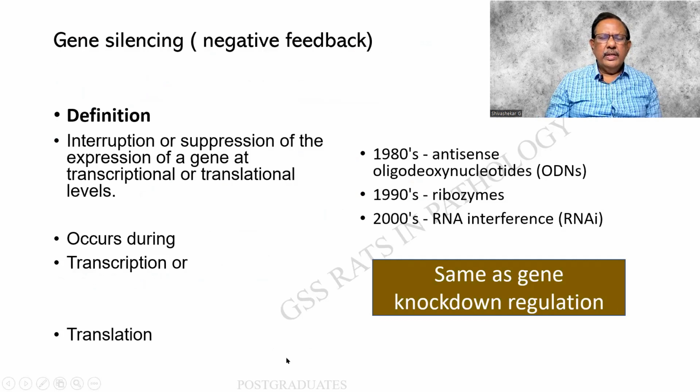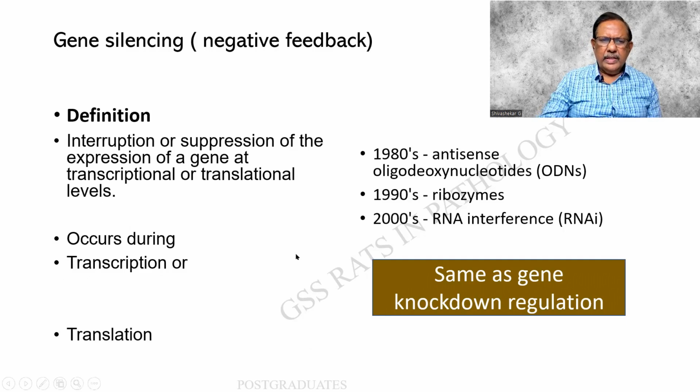Now, what is gene silencing? It can be considered to be a negative back in a very colloquial form. But then the definition is interruption or suppression of expression of a gene at the transcriptional or translational level. So there are two pictures you have seen. When they are getting suppressed, you can call it gene silencing.